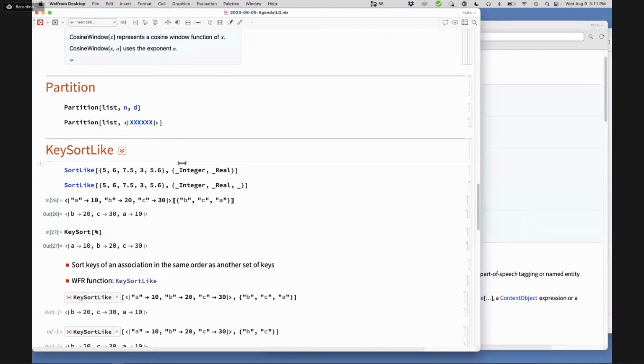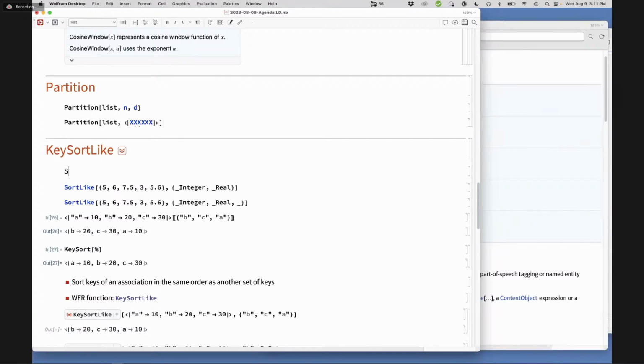I'm also not crazy about the name, because to me, sort like sounds like, oh, I guess okay. I think I'm starting to understand the name. It's saying sort like this second argument. Exactly. So the documentation would say something like sort of list, comma template or something.